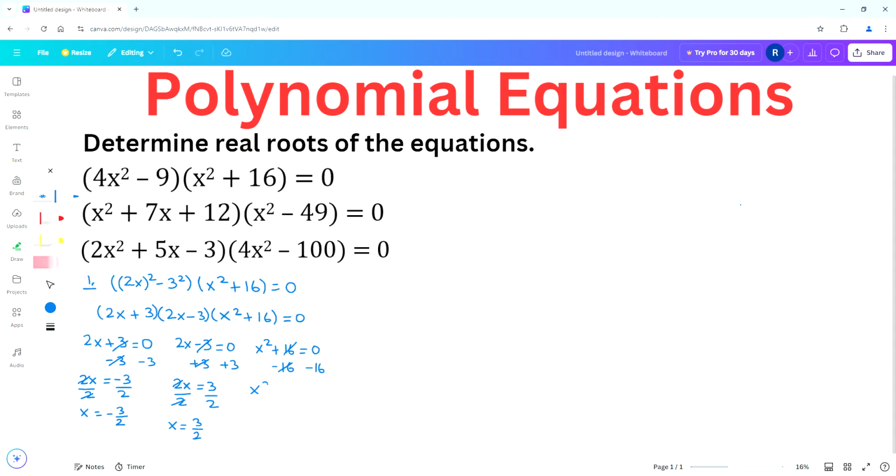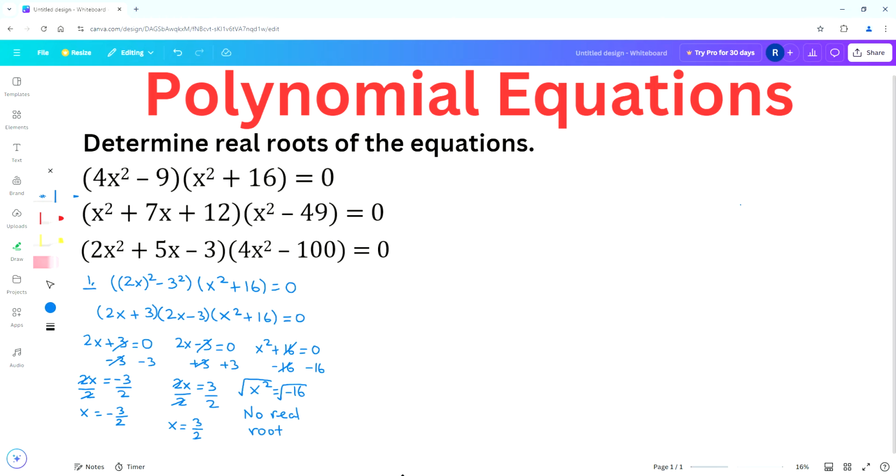We can change x squared to x by applying square root to both sides. Square root of a negative number is not a real number, therefore this factor gives us no real root. So the first equation has only two real roots, negative 3 over 2 and positive 3 over 2.